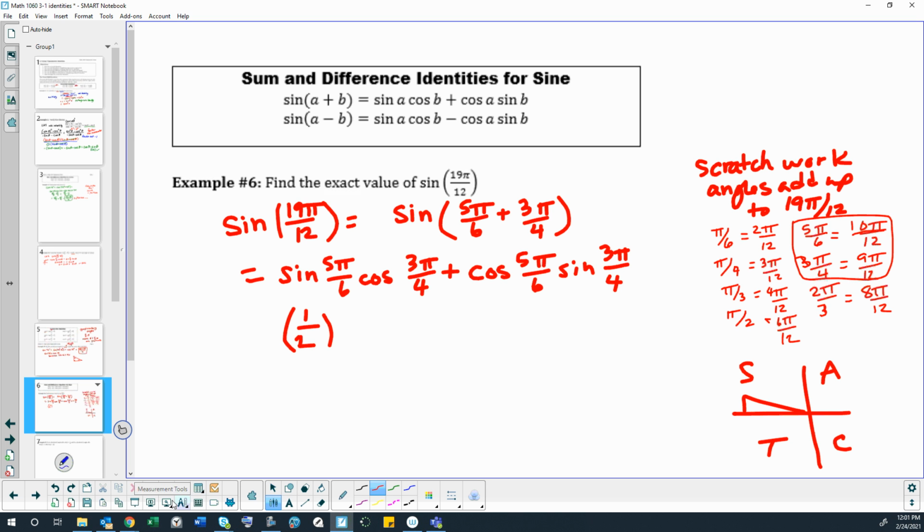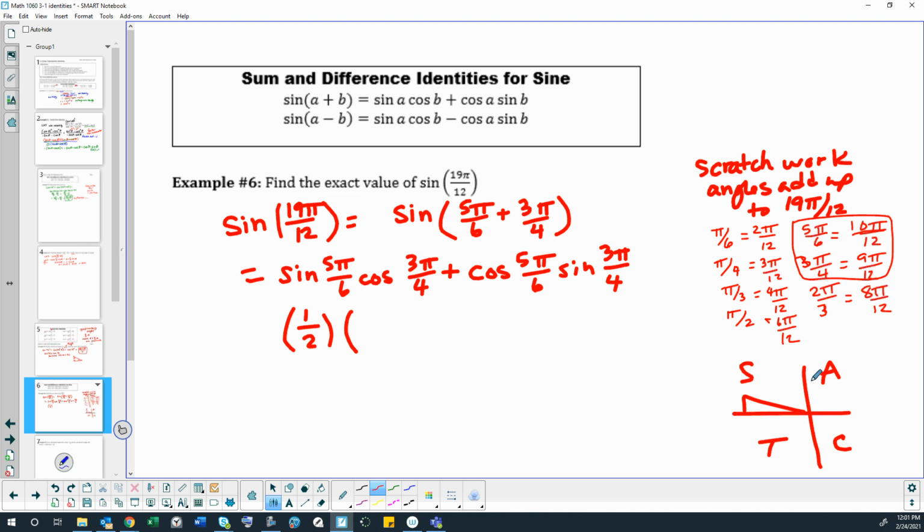Memorizing your chart is going to keep helping you all year with things when we plug in different things. We just need to know what those numbers are. Now notice how after I find the sine of 5 pi 6, I've written down the answer 1/2. I don't keep the sign anymore. It's literally the sine of 5 pi 6 is 1/2. So the 1/2 is replacing the sine of 5 pi 6.